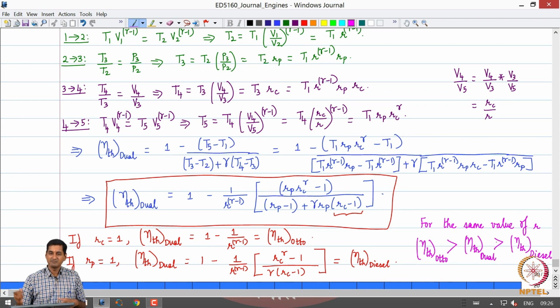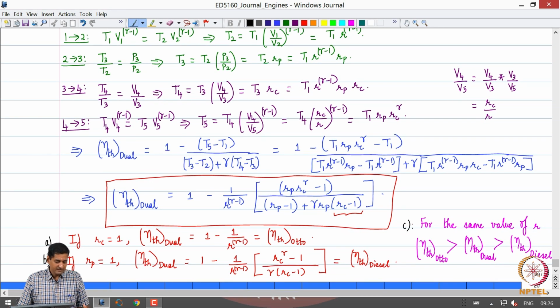This can be shown. Essentially, the thermal efficiency of the Otto cycle will be the highest, followed by the dual cycle, followed by the diesel cycle, for the same compression ratio. These are 3 observations, let me call them A, B and C. Some points to note.